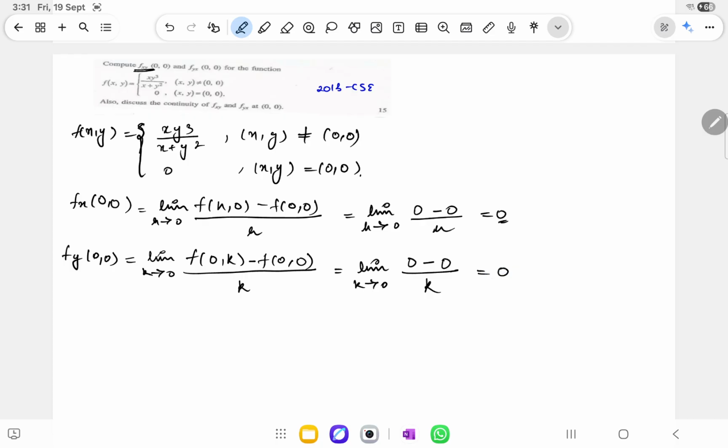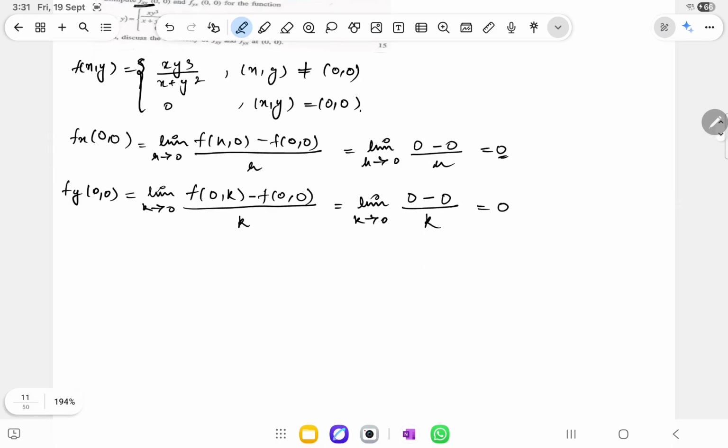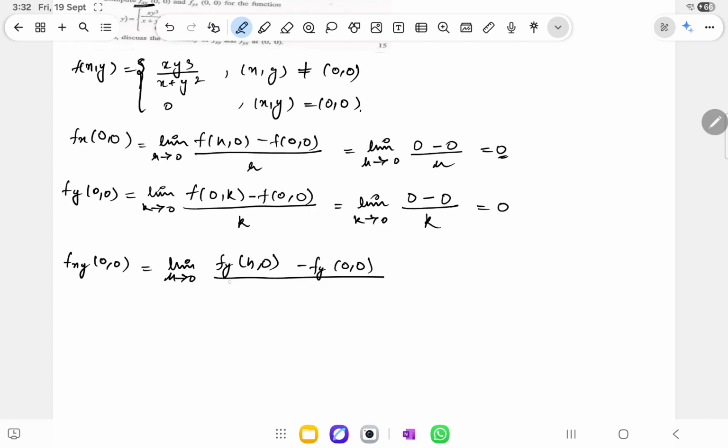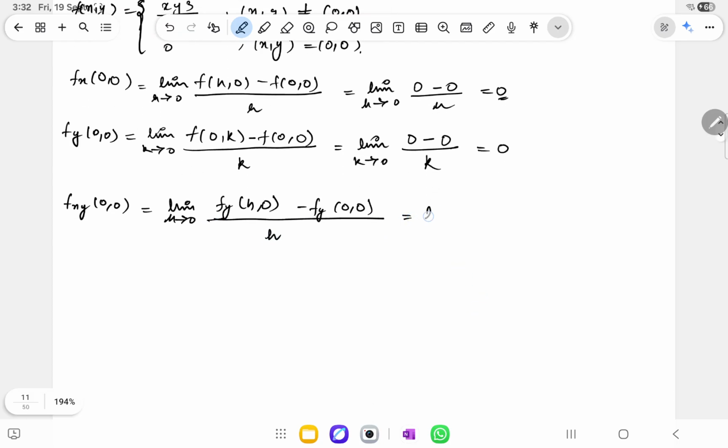Now let us calculate f_xy(0, 0). So this will be equal to the limit as h approaching 0 of f_y(h, 0) minus f_y(0, 0) divided by h. So we are supposed to find out this limit as well.